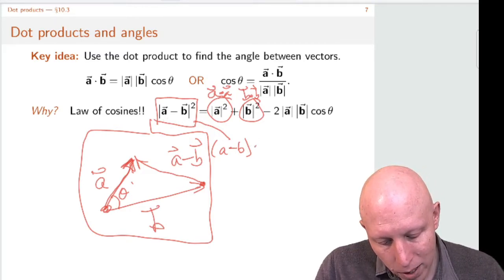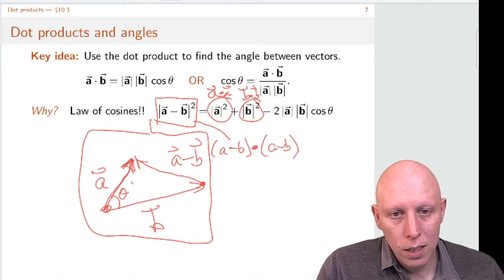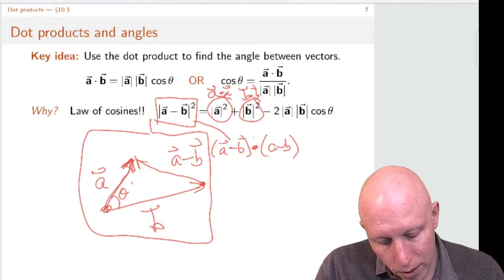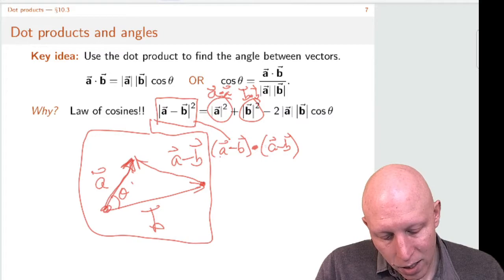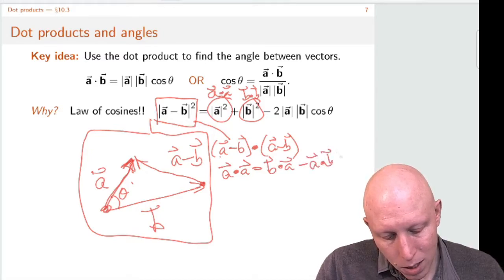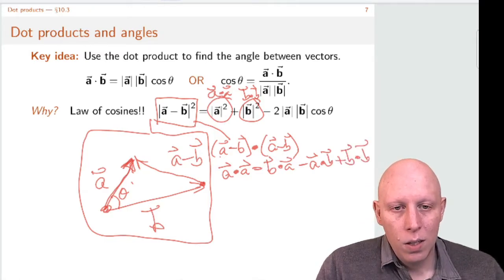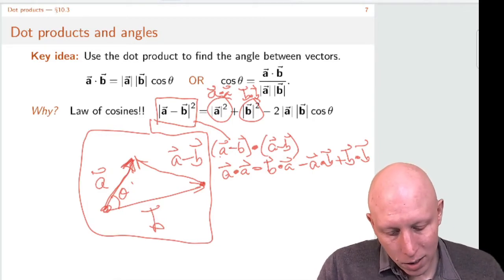This is A minus B dotted with A minus B. Right, these are vectors. So then we distribute, and we get A dot A minus B dot A minus A dot B plus B dot B. We're doing all the distributing.